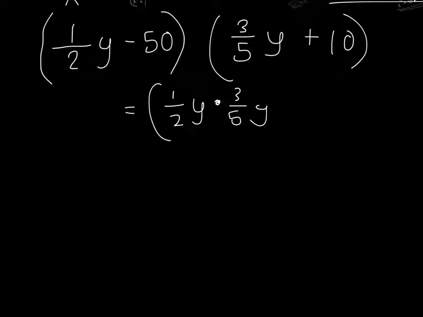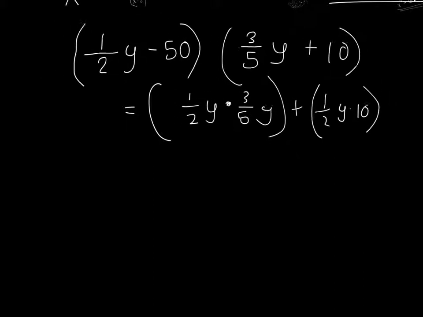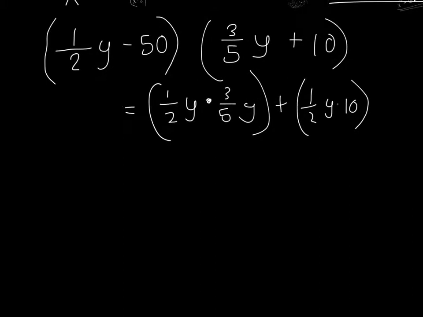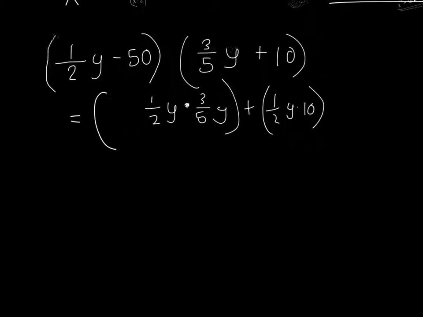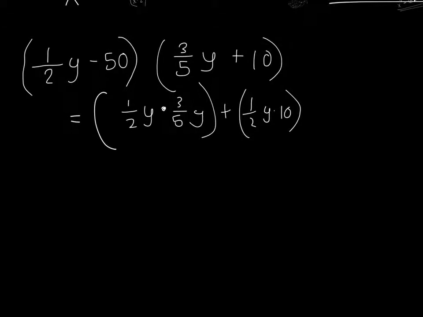Let me make my times symbol a little bit better. Plus 1/2 y times 10. And then let's shrink this equation, since this one has a lot to write. Let's move it to this side. So then it is that.